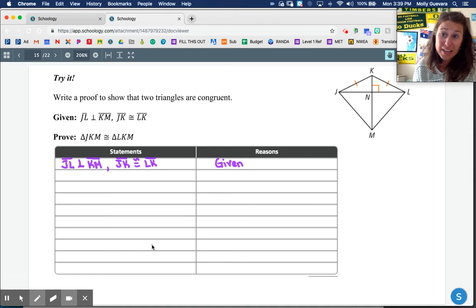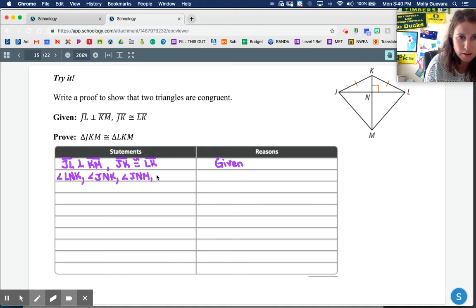All right, so the next thing that I'm going to add is, because this is perpendicular, I know that all four of these angles are right angles. So I can say that angle LNK, angle JNK, angle JNM, and angle LNM are right angles.